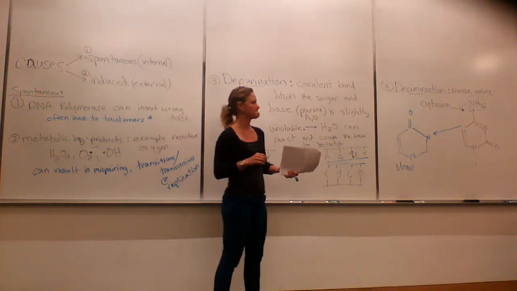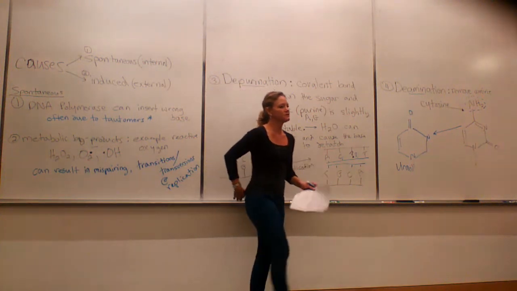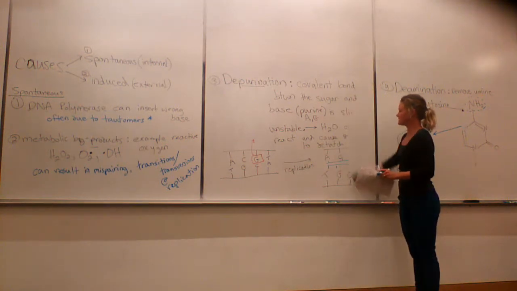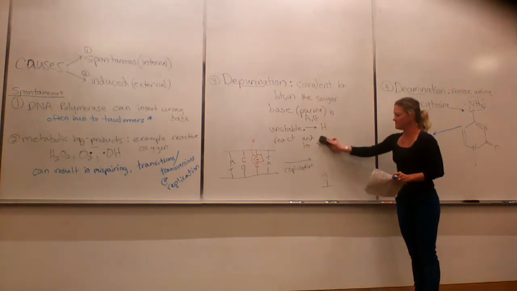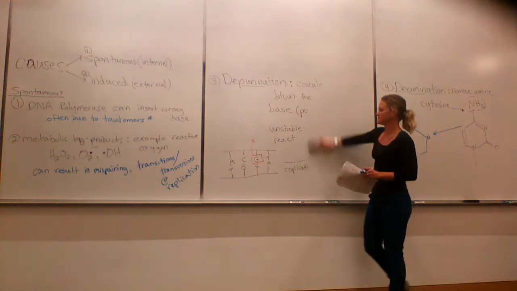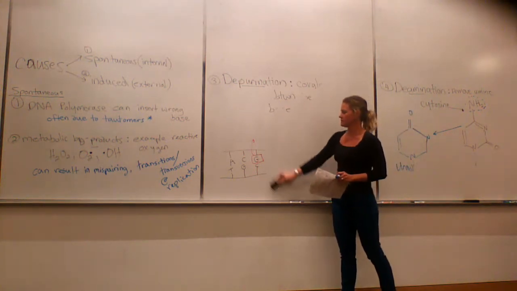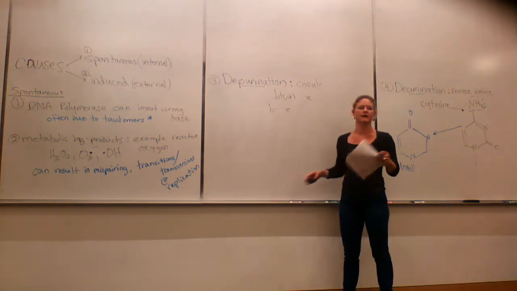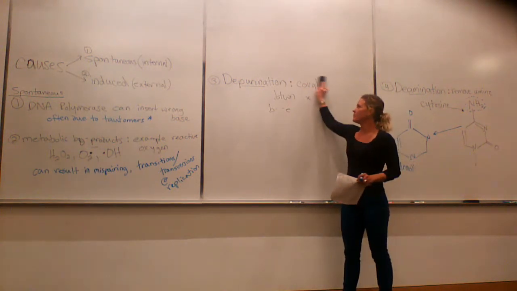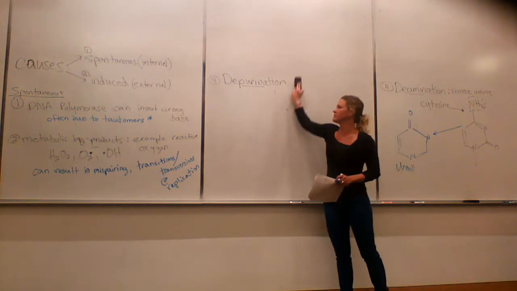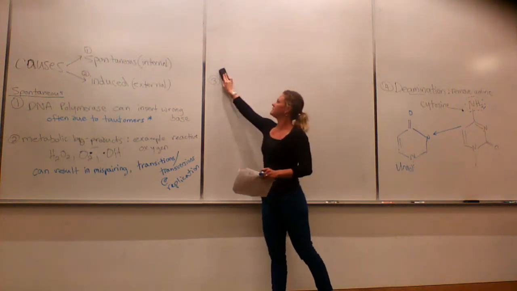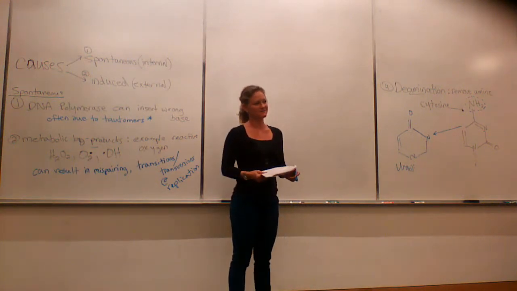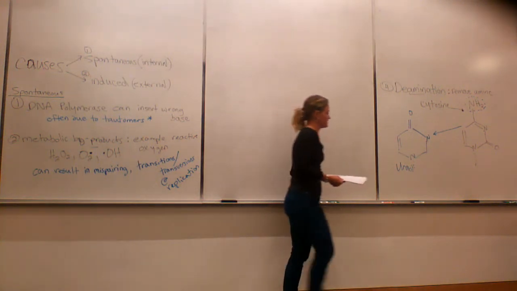The real issue that we have with deamination is when our cytosine is methylated. Because we talked about epigenetics, right? We talked about adding marks to our DNA and the fact that we can add methyl groups. And which base are they typically methylated? Out of the 4 bases, cytosine. Typically it's C's that are methylated.